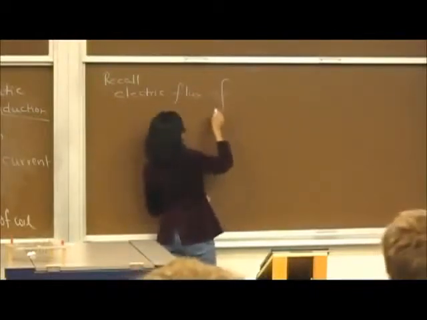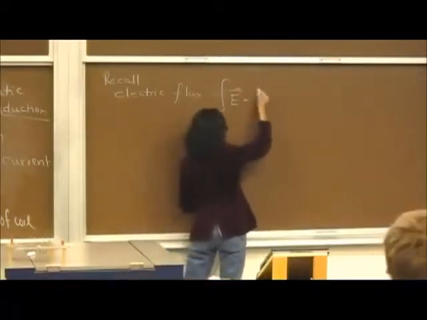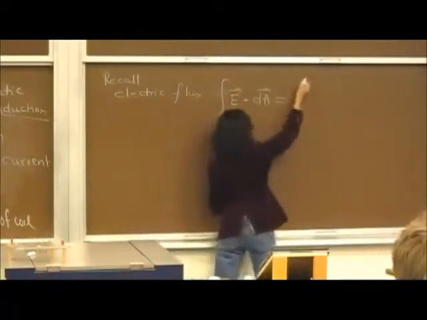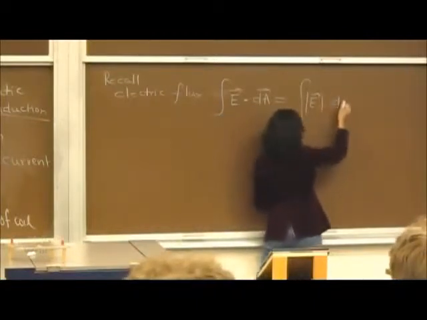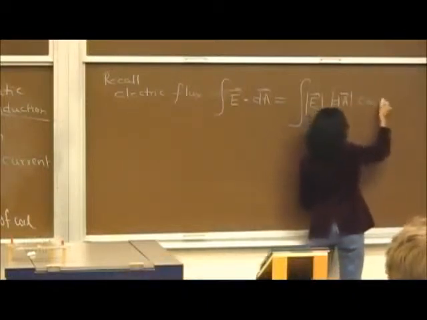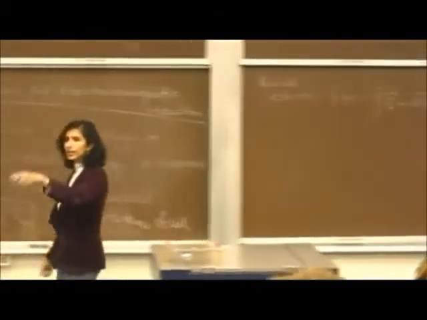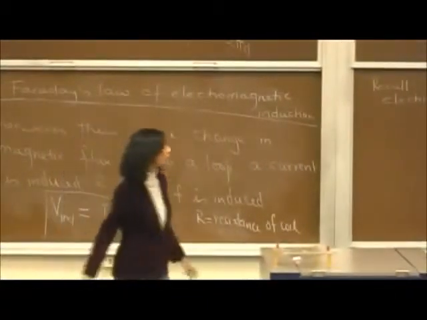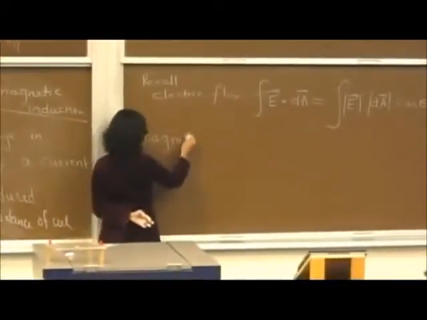Actually, you don't even have to have it over a closed loop. It was just integral E dot dA, which was integral of the magnitude of electric field, magnitude of the area vector, times cosine of the angle between the electric field and area vector. Can anybody from the second row, using this analogy, tell me what should be the definition of magnetic flux?